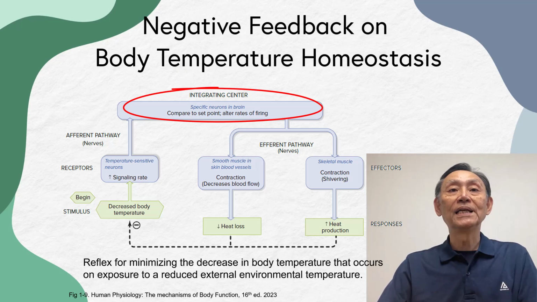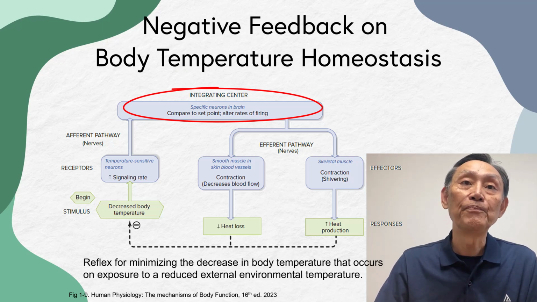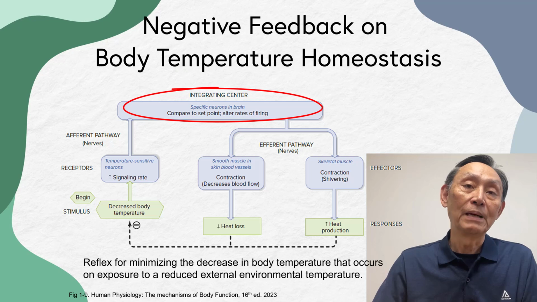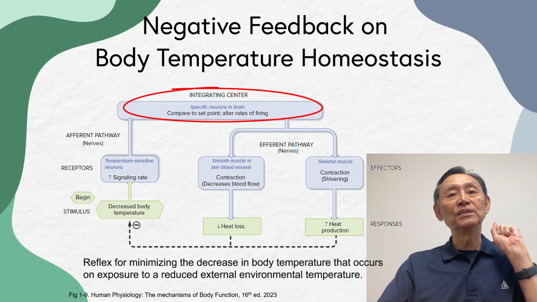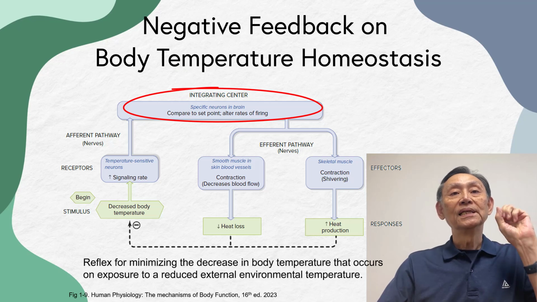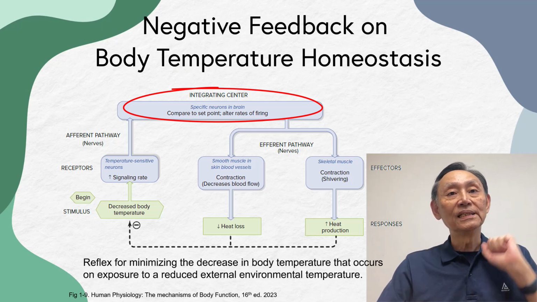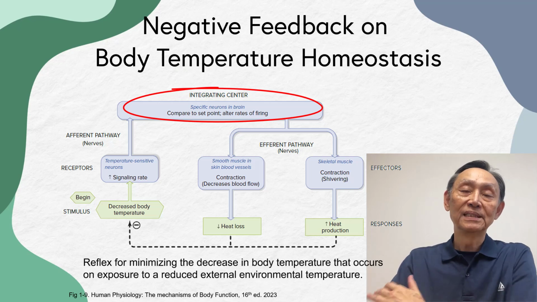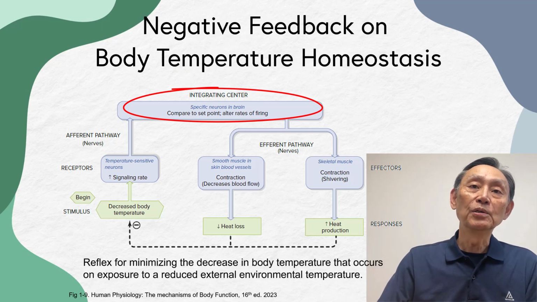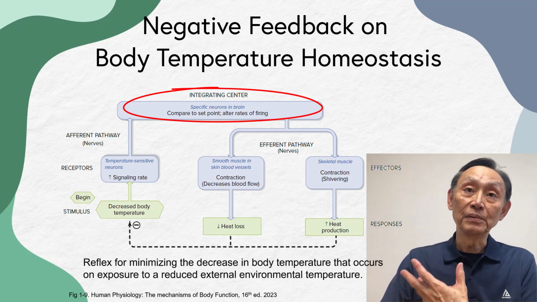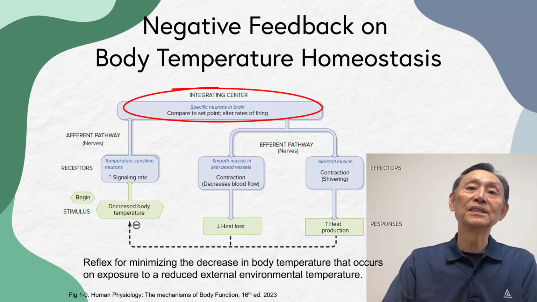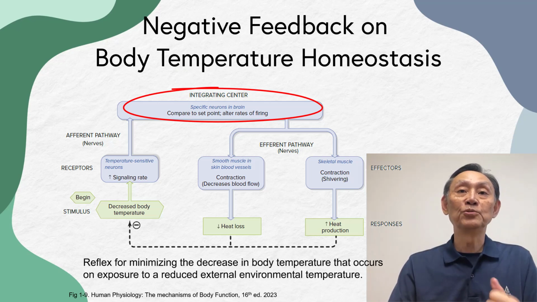So this efferent pathway will go to smooth muscle in skin, the blood vessels, and cause constriction. Constriction of the skin blood vessels will decrease the blood flow and then decrease the heat loss from our skin. Then this efferent pathway will also go to our skeletal muscles and cause contraction, that's shivering.